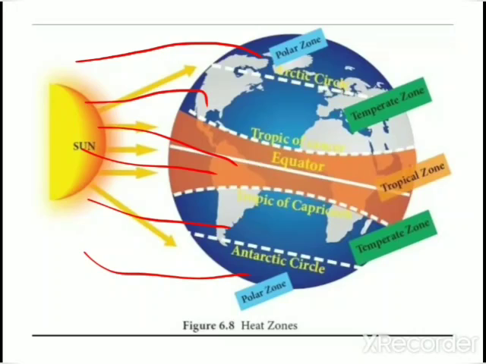It lies between the Arctic Circle and the North Pole, which is known as the North Frigid Zone over the northern hemisphere, and over the southern hemisphere it is known as the South Frigid Zone between the Antarctic Circle and the South Pole.